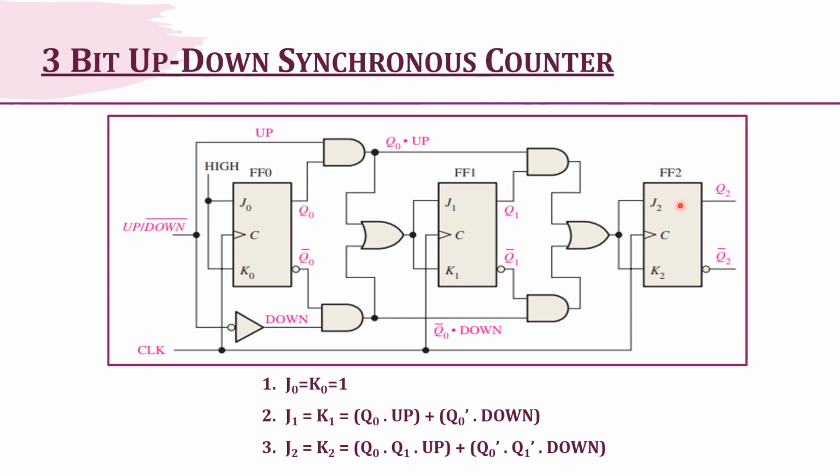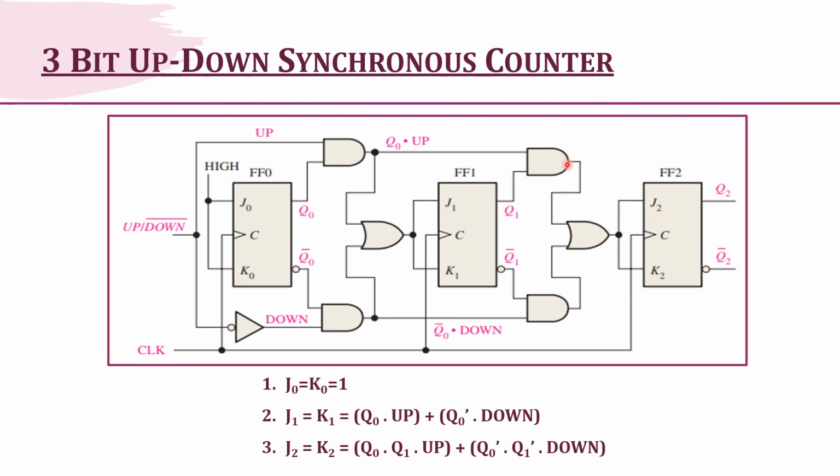Then when we look into this J2 and K2, if it is an up operation, then we need to connect Q0 into Q1 into up. If it is a down operation, then we need to connect Q0 complement into Q1 complement into down. Either of these should be connected to J2 and K2.